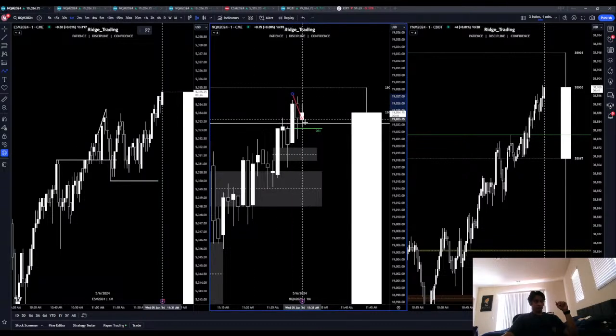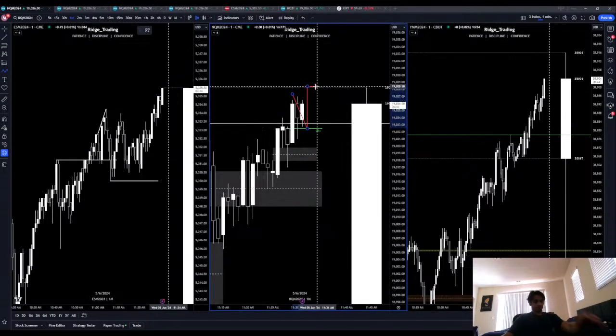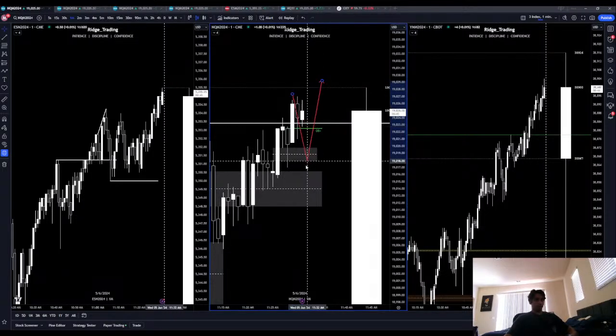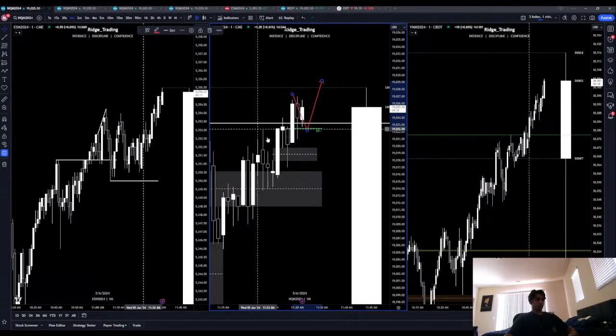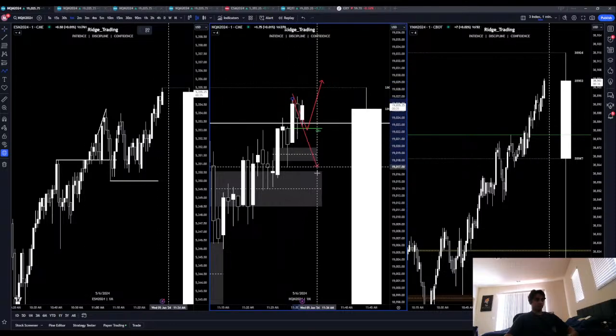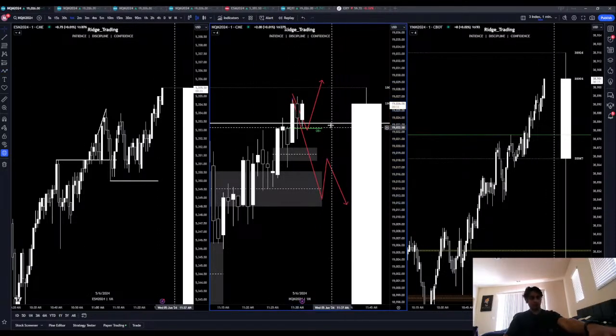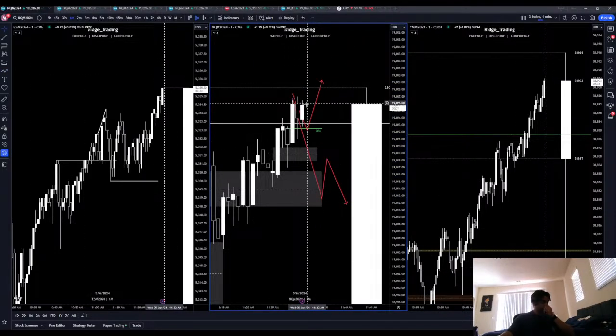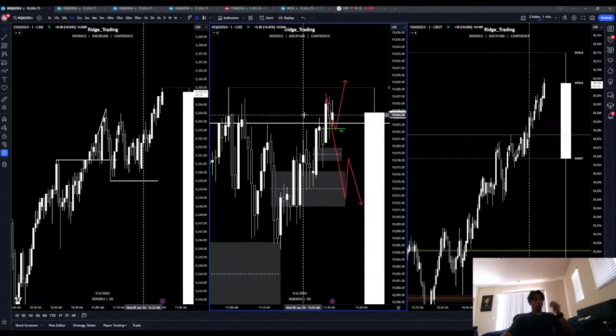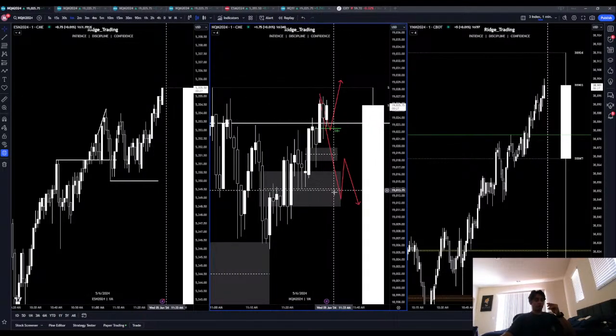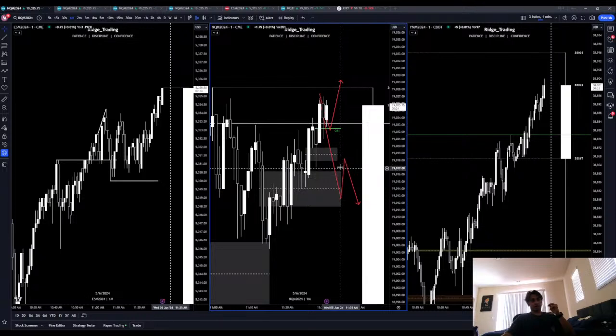See, if it wants higher, it should do this. Right? And if it wants lower, then it should do this. Alright. Not interested in longing this because I don't know if it wants higher. But if it goes under, then it kind of shows its hand that it does want lower.